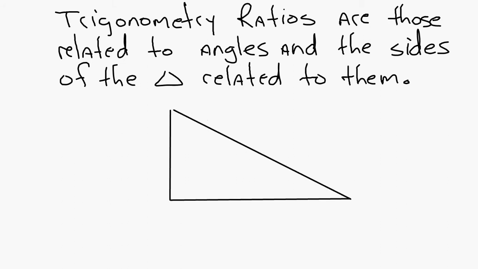And it's a right triangle. And we're going to name the vertices A, B, and C. When you're talking about trig ratios, the most important thing to understand are the three terms: hypotenuse.